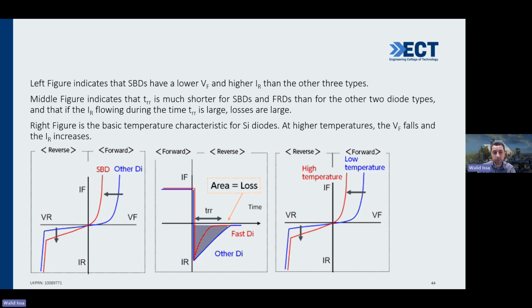When you drop less voltage, your power dissipation is also low, because again, the power equation is voltage times current. If you decrease the voltage or the current in a diode, in forward bias, you will have less dissipation, fewer losses, and less heat sink as well.